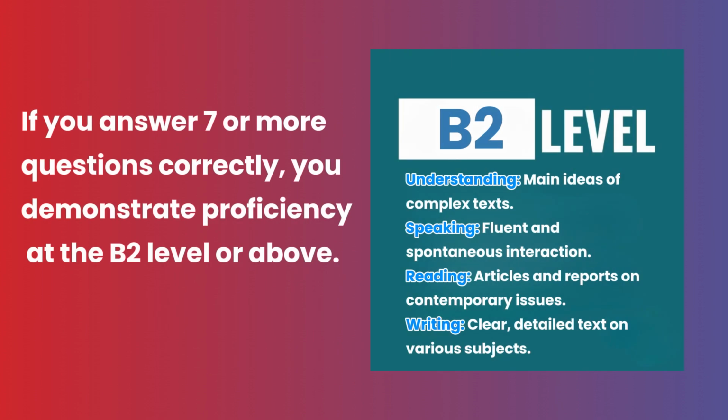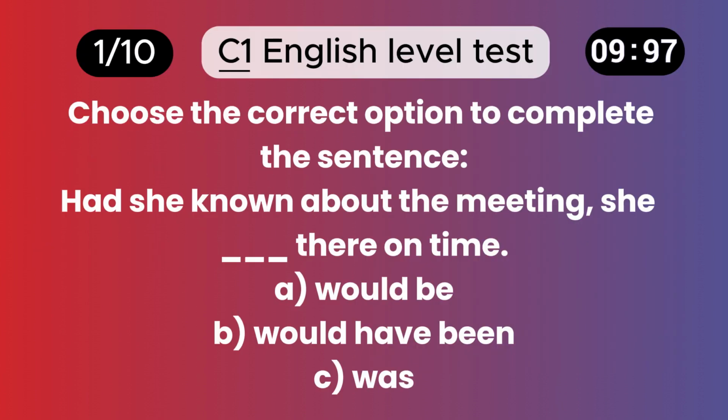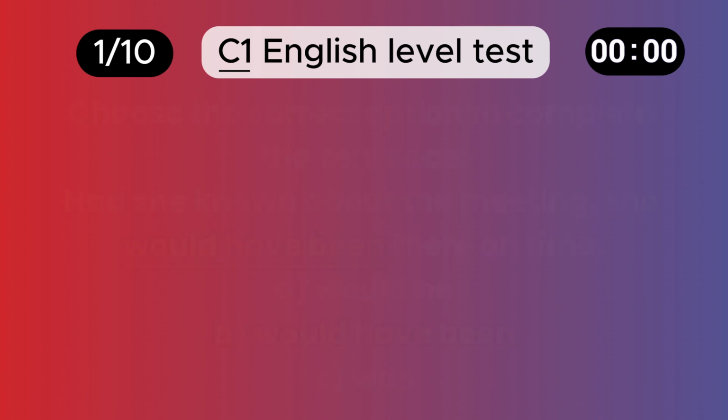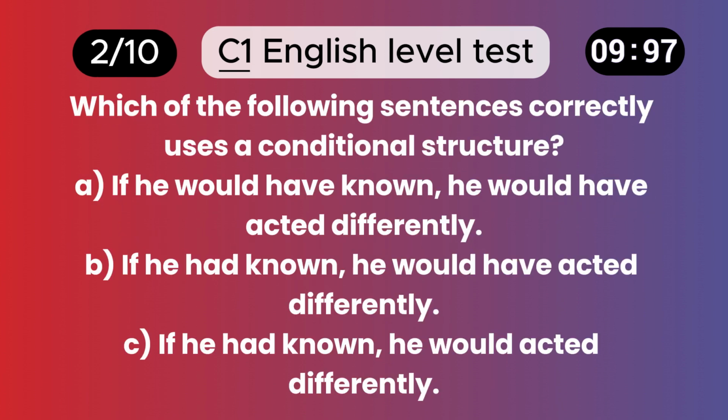If you answer 7 or more questions correctly, you demonstrate proficiency at the B2 level or above. Choose the correct option to complete the sentence. Which of the following sentences correctly uses a conditional structure?